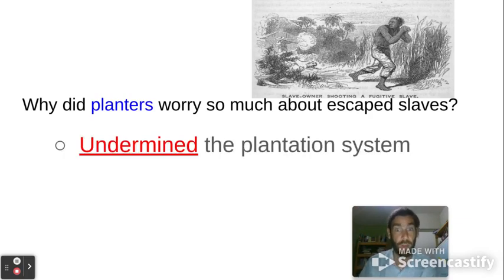First, when a slave escaped, this slave or these slaves undermined the plantation system. And with undermine, I mean ondermijnen. Each slave that escaped was like an influence on the plantation system, not working correctly.